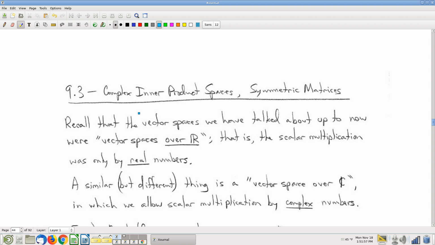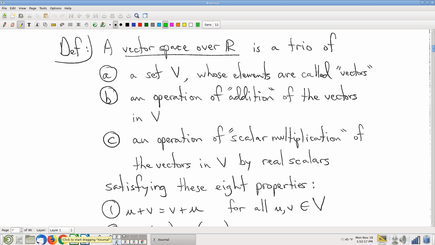On several occasions in the past, having defined vector spaces, notice that if you look back at chapter 2, I defined vector spaces over the real numbers. Let me remind you what that definition is. I've got it punched up right here. This is from chapter 2 notes.